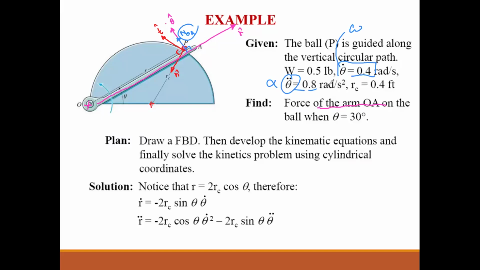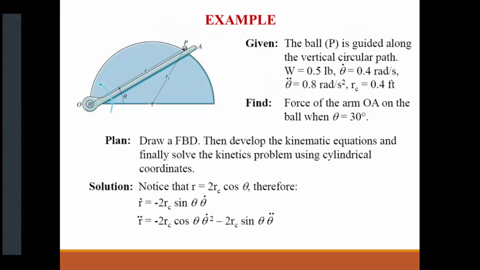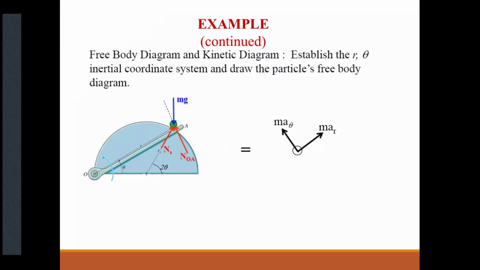Okay, so we start by drawing the free body diagram and kinetic diagram. To draw the free body diagram, we may draw it like this picture on the left hand side, and the kinetic diagram we draw on the right hand side.